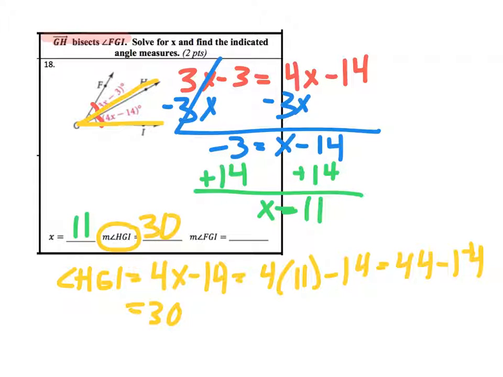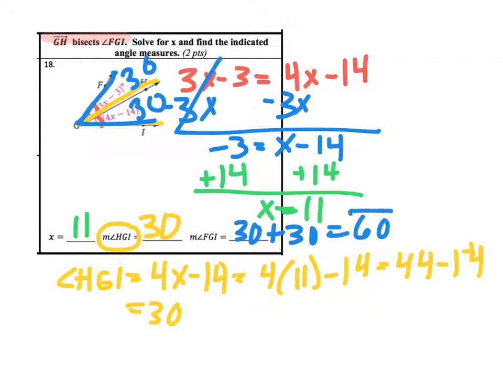Now FGI is actually the whole angle. I know that these 2 angles are equal. So I said this one was 30, which means this one also has to be 30. So if I do 30 plus 30, I get 60 as my final answer.